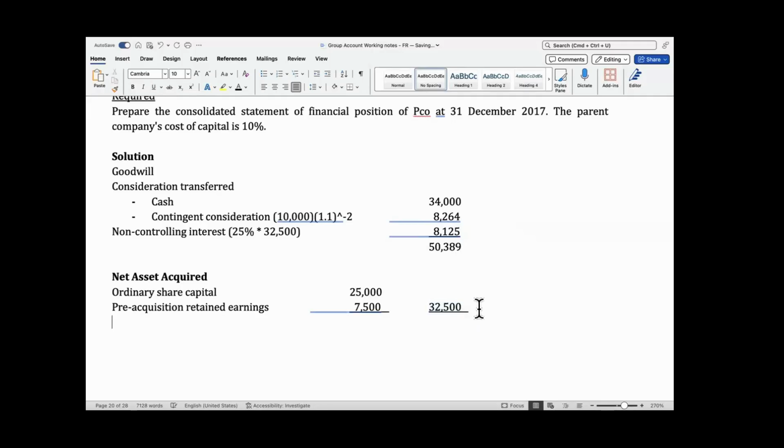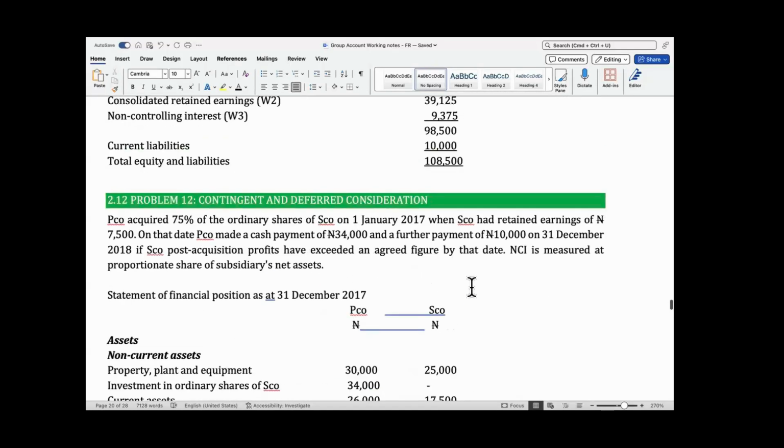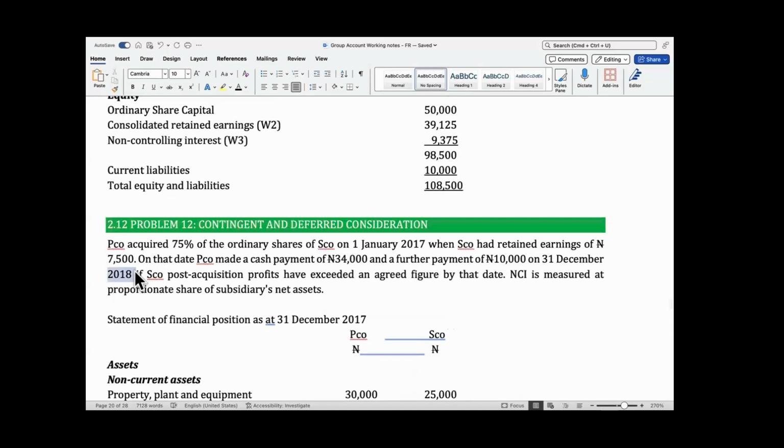Good evening, sir. I want to ask a question. Why did you multiply the contingent consideration by 1.1 raised to power minus 2? Because we are paying back on 31st December 2018, and the date of acquisition was 1st of January 2017.